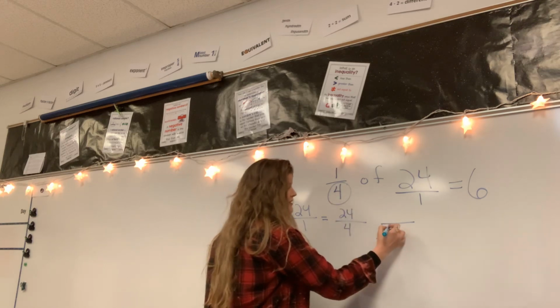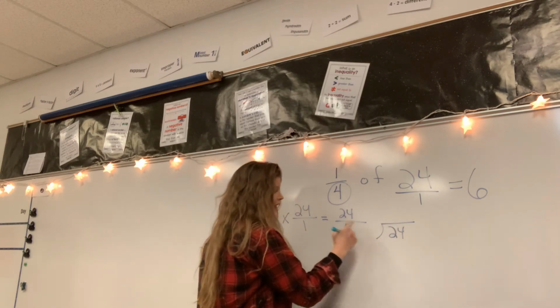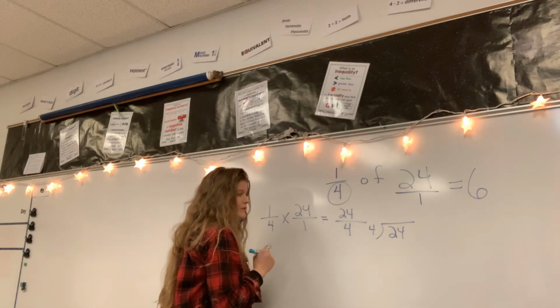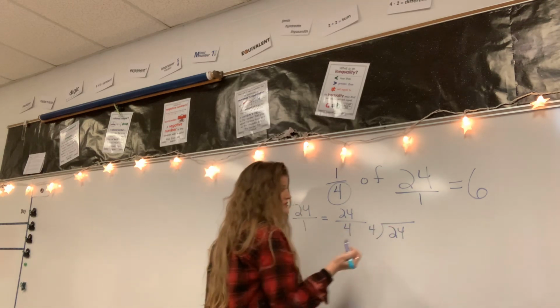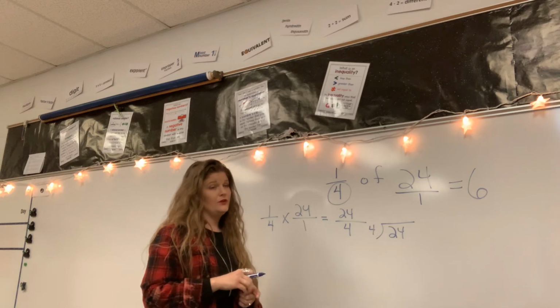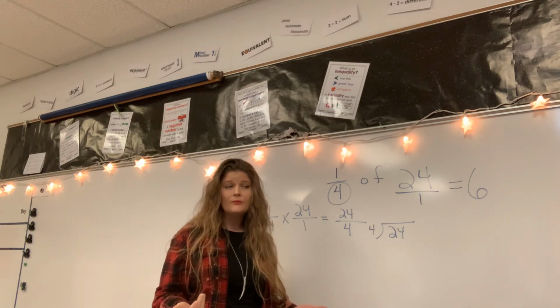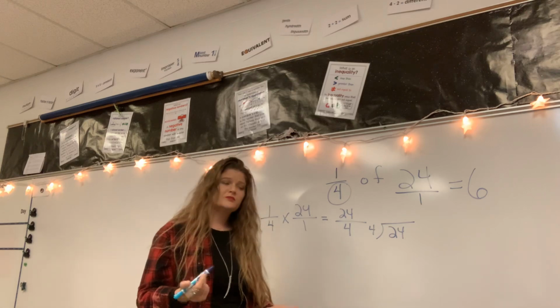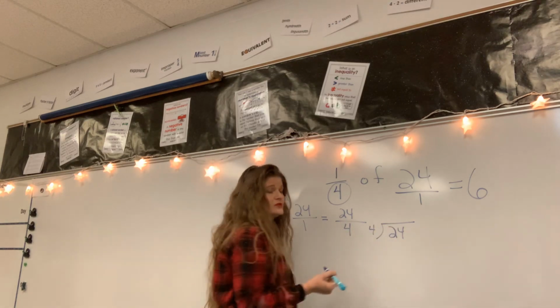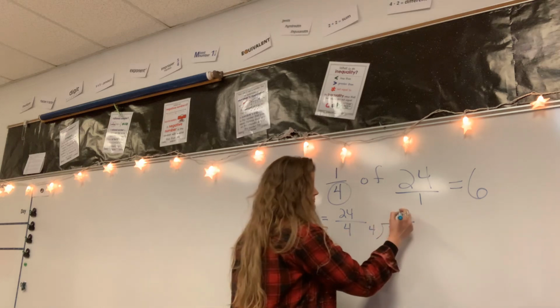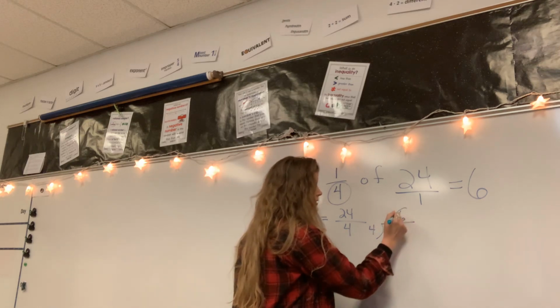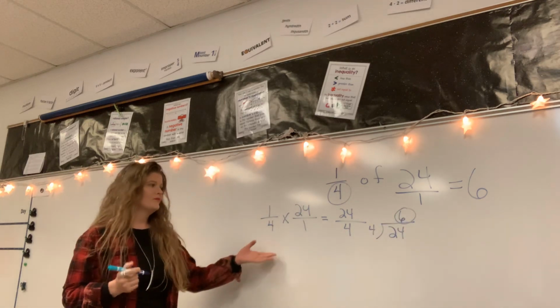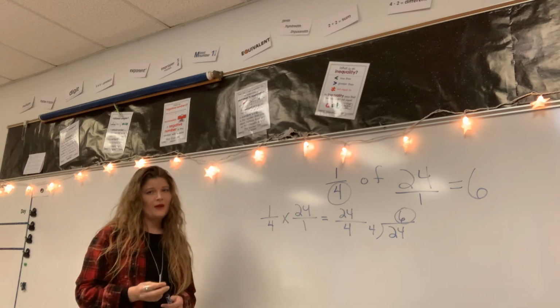How many parts I have divided by how many parts it takes to make a whole. 4 goes into 24. Well, if you don't know, get a multiplication chart out, create a multiples list, whatever you need to do to figure out the multiples of 4. 4 goes into 24 exactly 6 times. I have nothing left over, so my answer is 6. Of means multiply, okay?